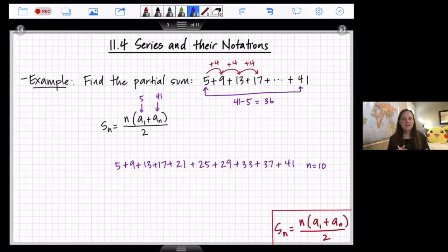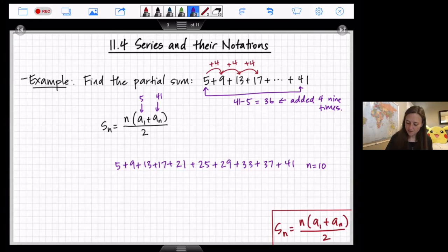That means that I added 4 9 times. And if I added 4 9 times, that means that starting off with the first one, I've created 10 terms. So we know that n would be 1 more than the number of common differences that I've added up to get to the end. Either way, we find out that n is equal to 10.